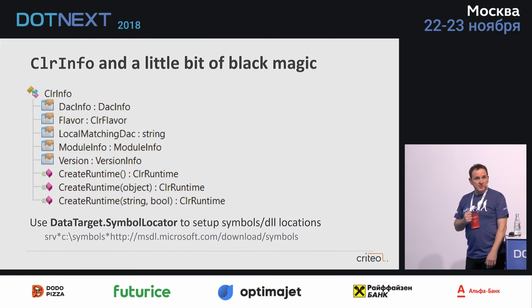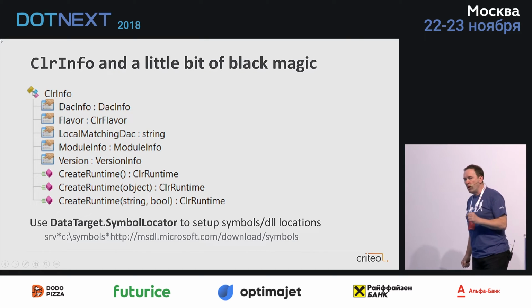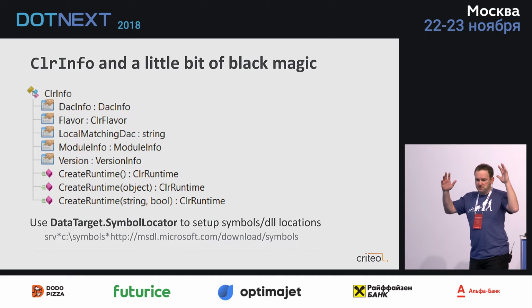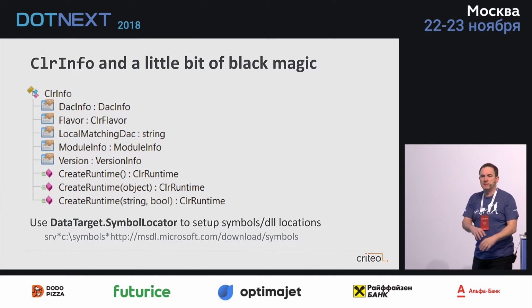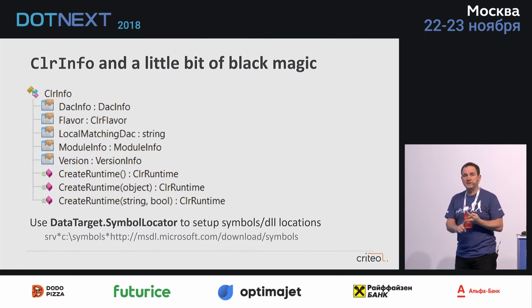But before doing it, you have to do something related to an implementation detail. When you install the .NET framework on a machine, you install everything, the CLR and so on, and you install two files: sos.dll and mscordacwks.dll.